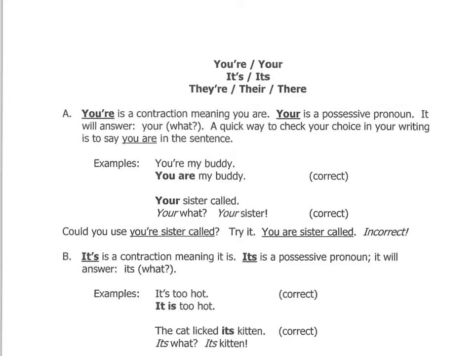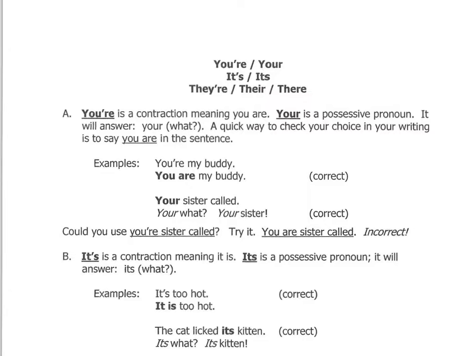And one that's confused very often is there, they're, and their. They're means they are, their is possessive, and there is a location. See here inside of there? So we're going to do some practice and see if we can clarify these three frequently confused homophones.